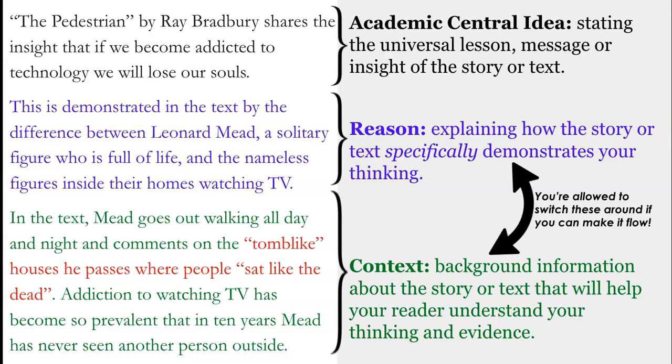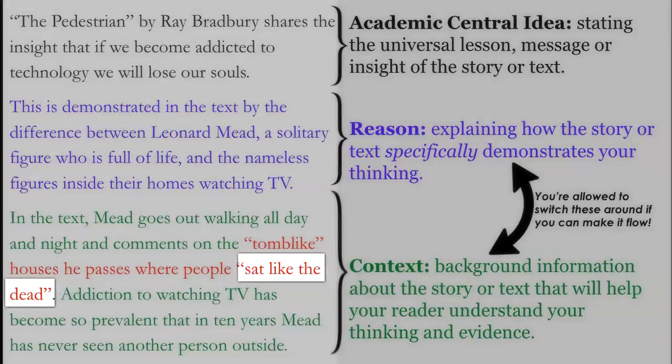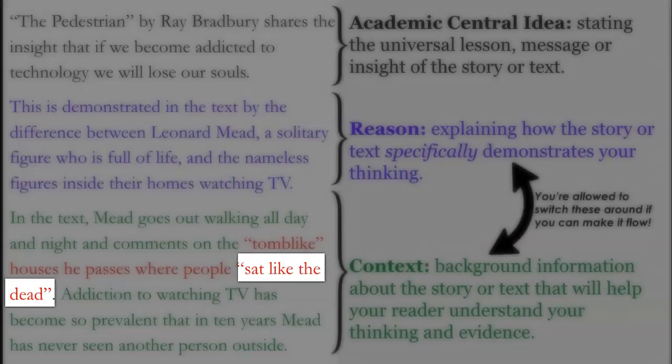And then I go on to give a little context, right, explaining what's going on in this story. In the text, Mead goes out walking all day and night and comments on the tomb-like houses he passes where people sat like the dead. There's my evidence. Okay, now I've just picked out, you'll notice, little parts from the text. Those two quotes, tomb-like, sat like the dead, they're in the same paragraph.